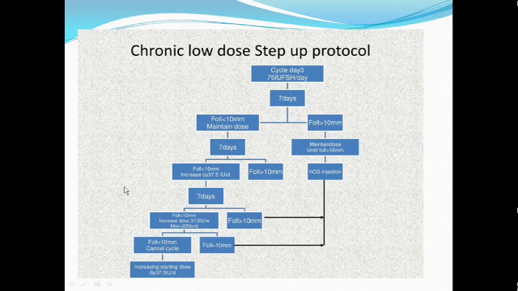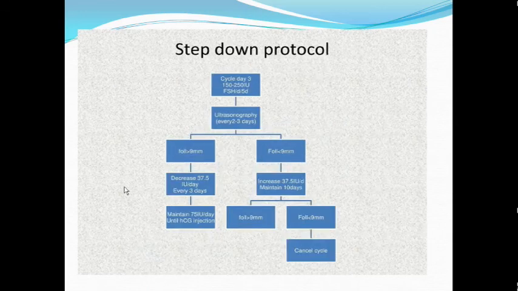So this is the chronic low dose step up protocol. So you can see how we are stepping up the FSH level. Here this is the step down protocol. We will start from the higher dose, 150 to 250 international unit, from day 3 of the cycle for next 5 days. Then ultrasonography is done every 2 to 3 days after 7th day.